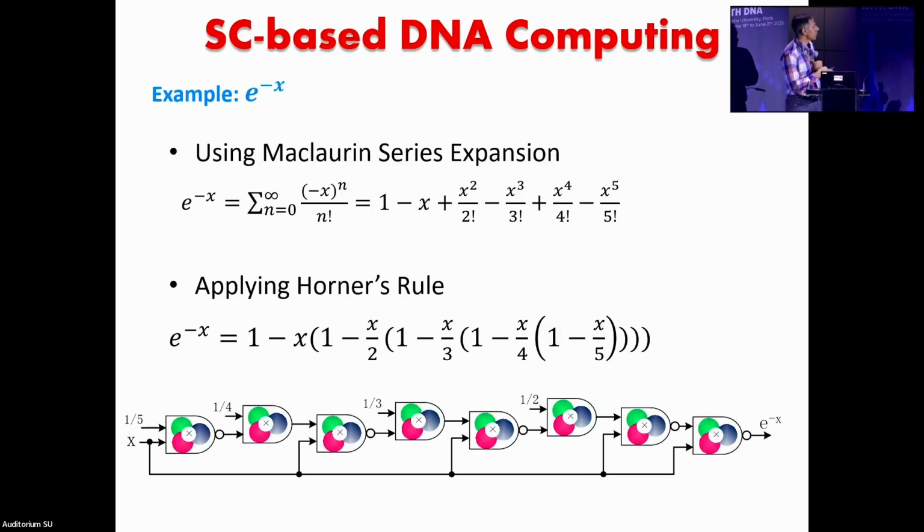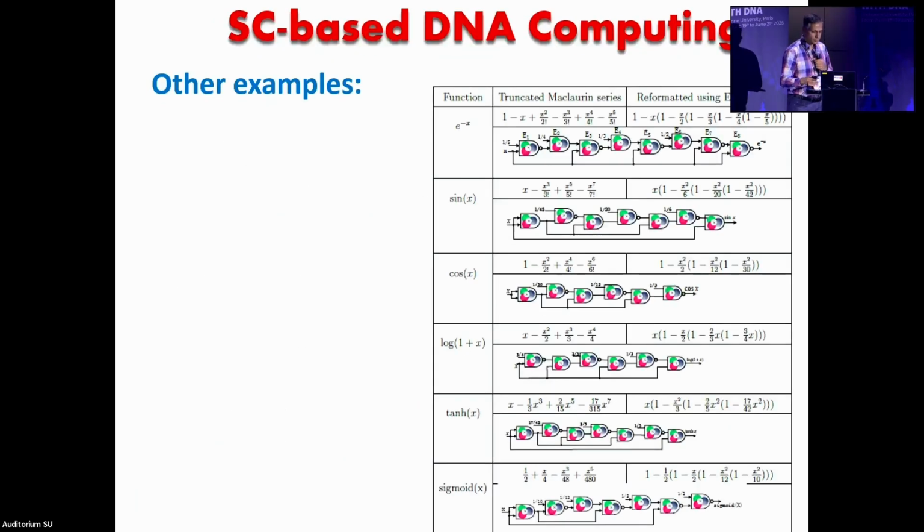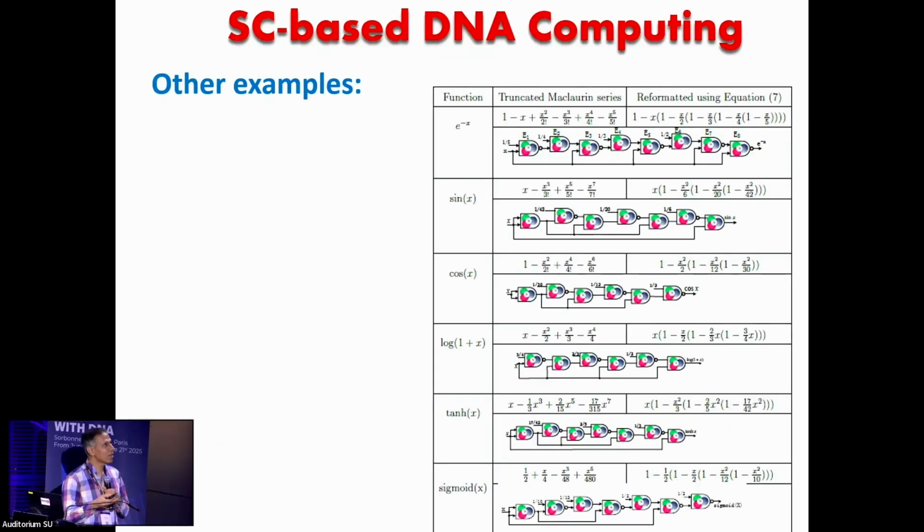So this is implementing this equation. And finally, we just write the chemical reactions for each gate, and then we map them to DNA reactions. We have actually designed this set of gates for other functions, like basic functions that you see.